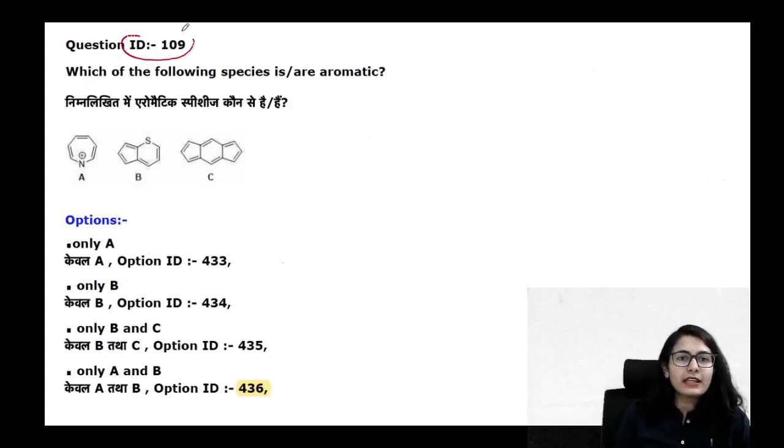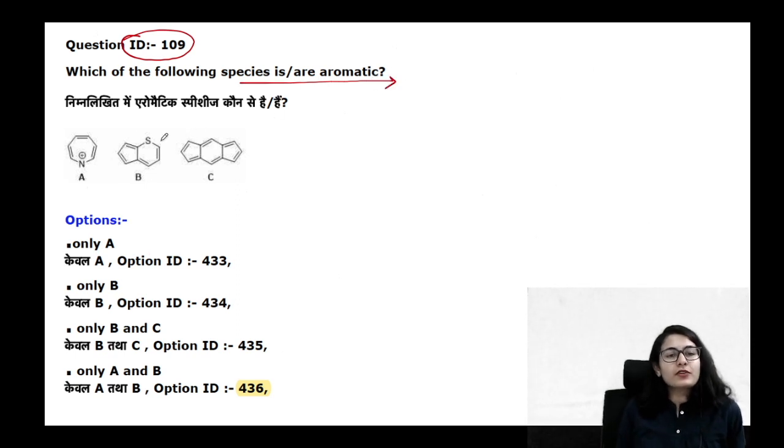Moving onward, ID 109, which of the following species are aromatic in nature? Now guys, many of the students are getting confused about this. Why? Because here it looks like that nitrogen is having a positive charge. It is not possible. Guys, look at the species properly. You are only having two bonds on nitrogen.